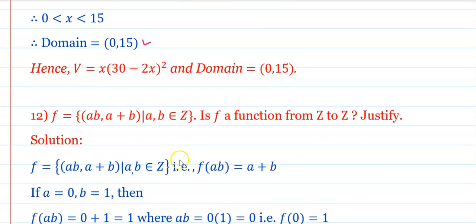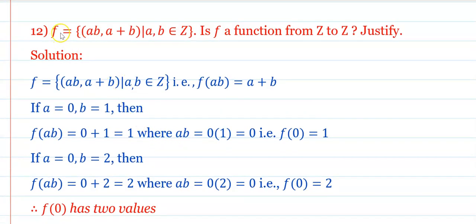Now the next question. f is equal to the set of (a, a plus b) such that a, b belongs to Z. Is f a function from Z to Z? Justify.